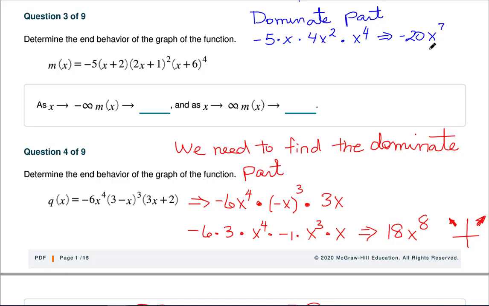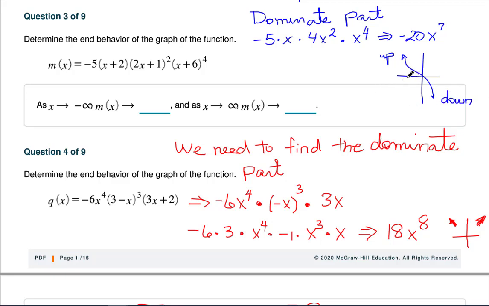Alright, so the dominant behavior is going to be like a flipped over x cubed. Let's see, what did a flipped over x cubed look like? It looked like this, where the left side is up and the right side is down.